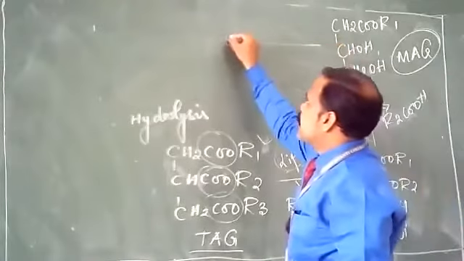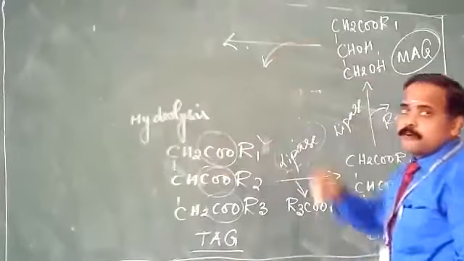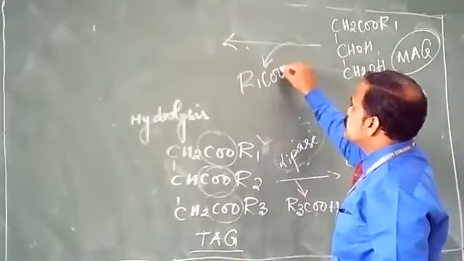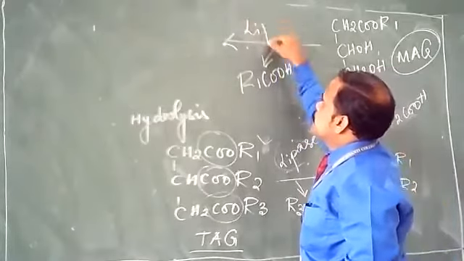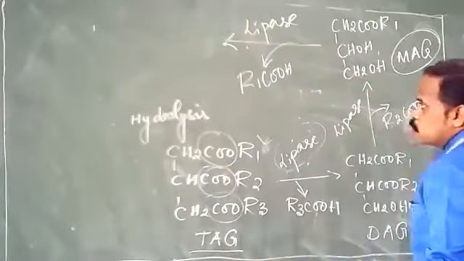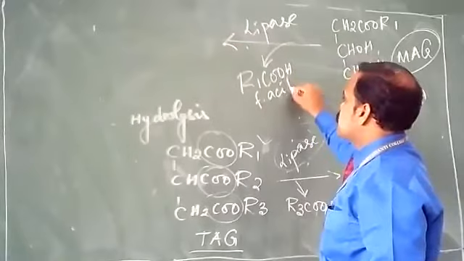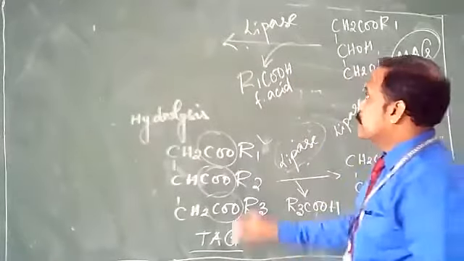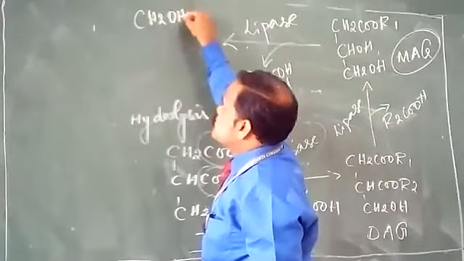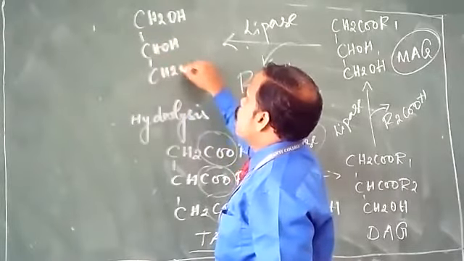Then further hydrolysis: with the release of one more molecule of fatty acid, released as R1COOH, by the same enzyme lipase, the monoacylglycerol loses the final molecule of fatty acid and is converted to glycerol, CH2OH, CHOH, CH2OH.